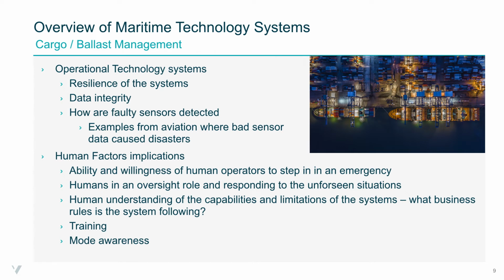And humans operating in an oversight role, particularly when they have to suddenly respond to unforeseen circumstances, tend to perform not at their optimum. The humans, to take control in that situation, need to understand the capabilities and limitations of the system and the business rules that the system is trying to achieve.